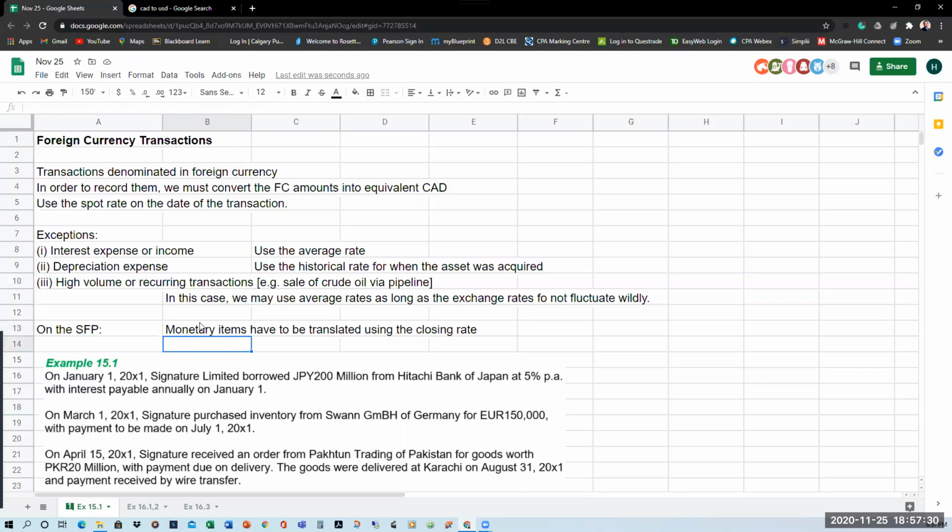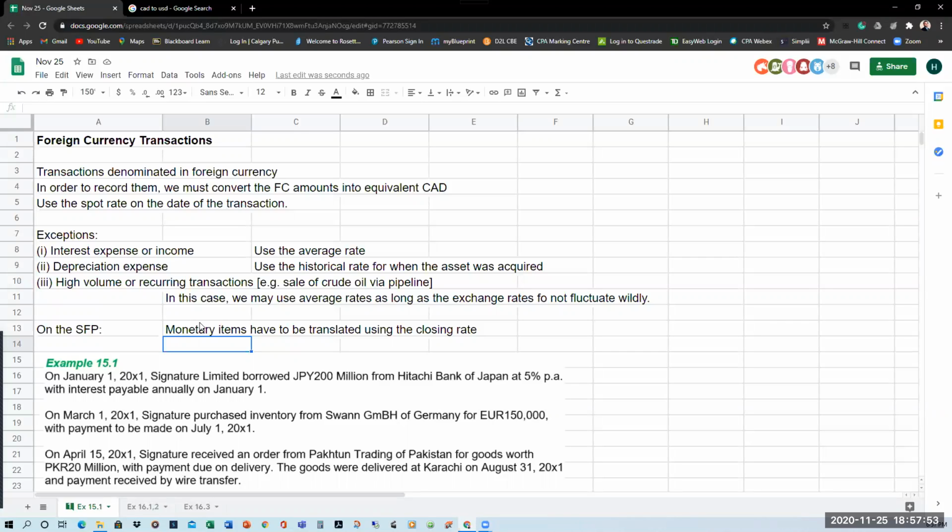In a nutshell, monetary items include cash and other liquid assets such as accounts receivable, any kinds of notes receivable, so on. It does not include inventory because inventory has to be sold first before you can make collection on it.